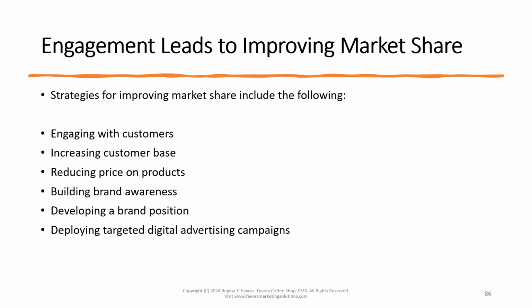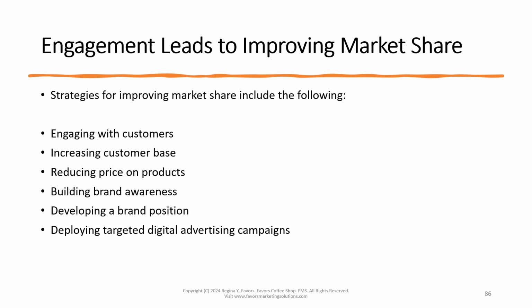All right, so engagement leads to improving market share. These are your strategies for improving your market share: engaging with customers, increasing your customer base, reducing price on products, building brand awareness, developing a brand position, and deploying targeted digital advertising campaigns. Any company with a higher market share is going to have the budget for marketing and promotions and online marketing, right?